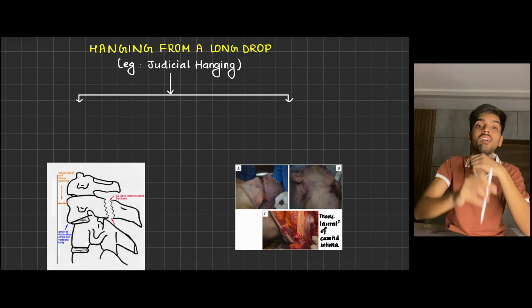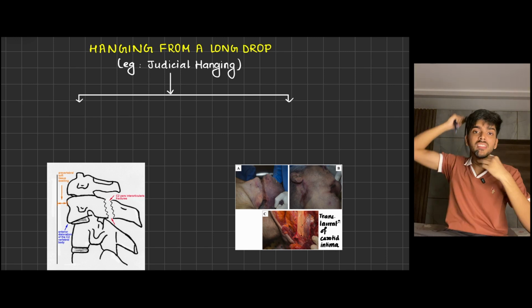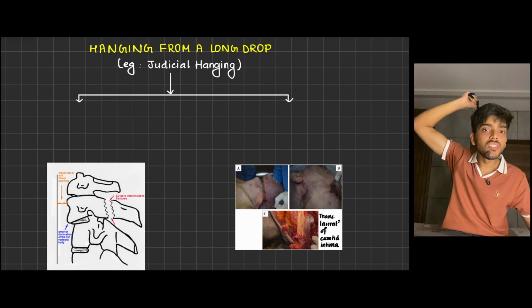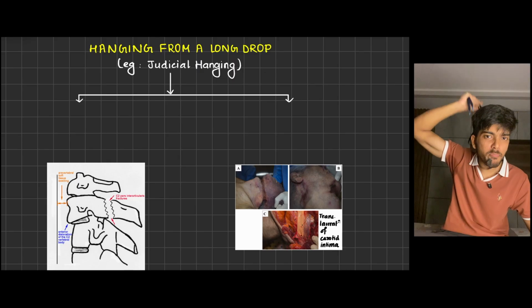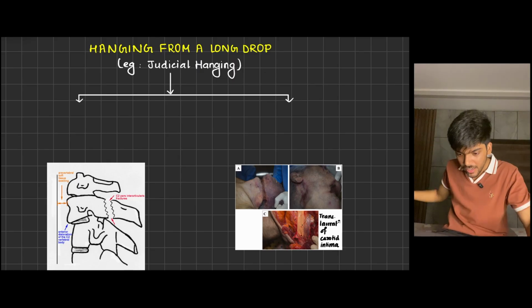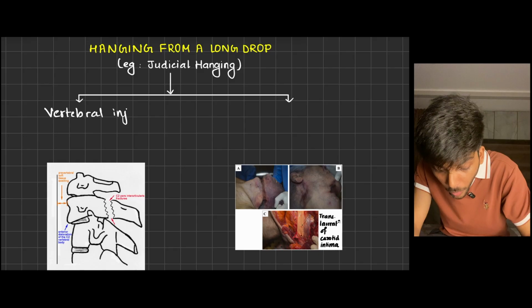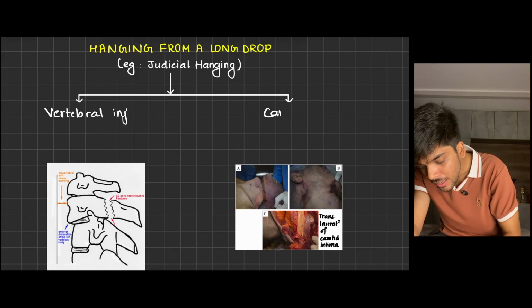Due to this long drop, there is a sudden jerk on the neck, sudden pressure on the neck, sudden force on the neck. And this can result in either vertebral injury or carotid injury.